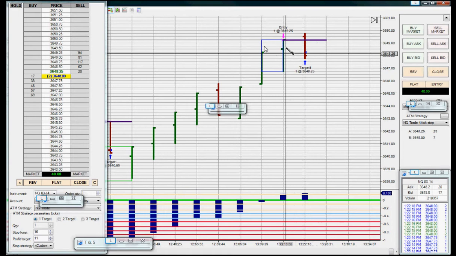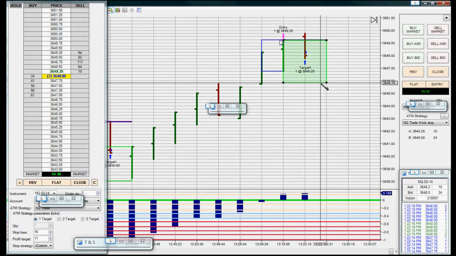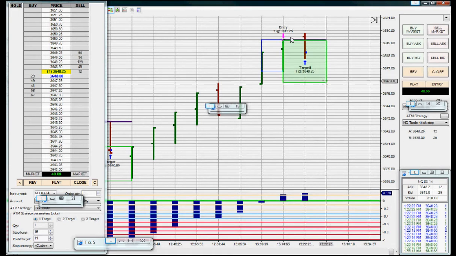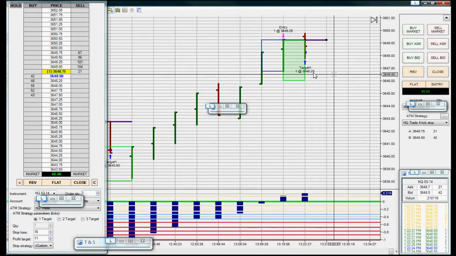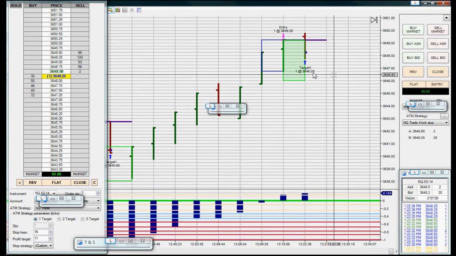I got in the trade at 1:17 and 49.25. I took $40 out of it. Did I miss something? I think I missed something.